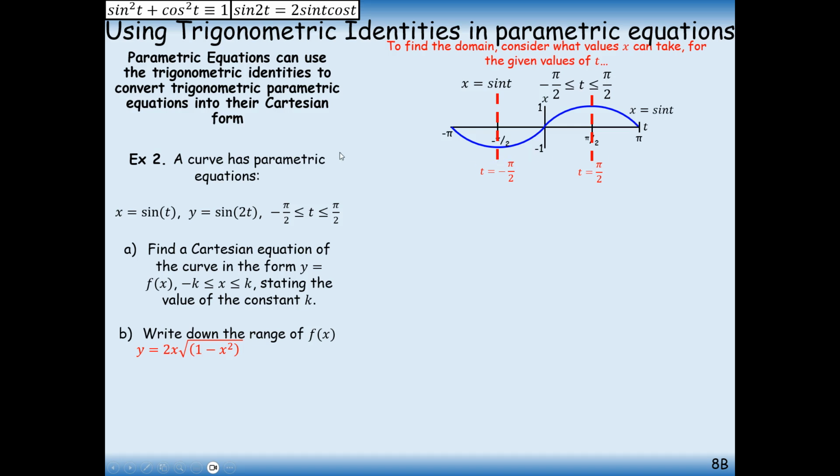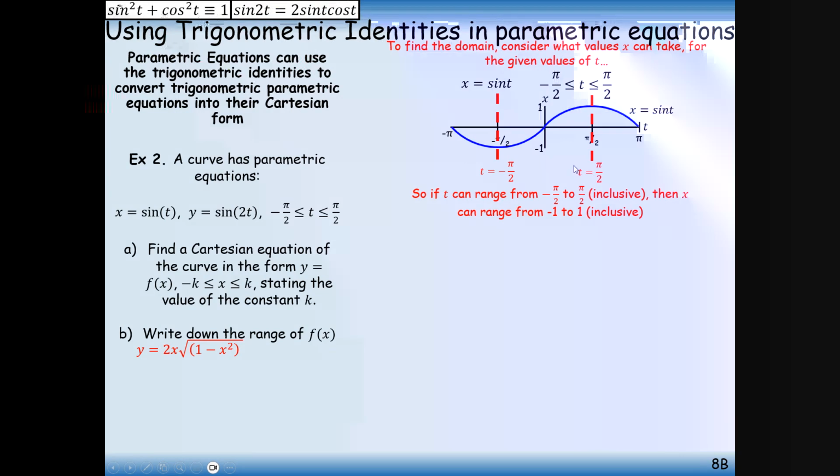And the sine curve in any case doesn't have a range any larger than -1 to 1. Therefore, that's why the values of x are bounded by -1 and positive 1.